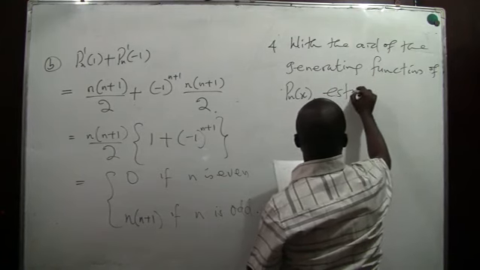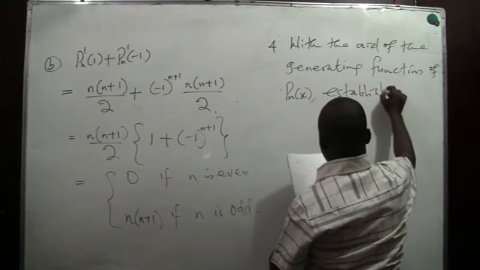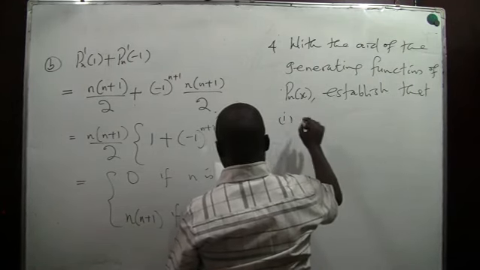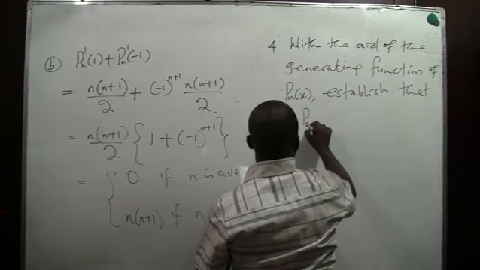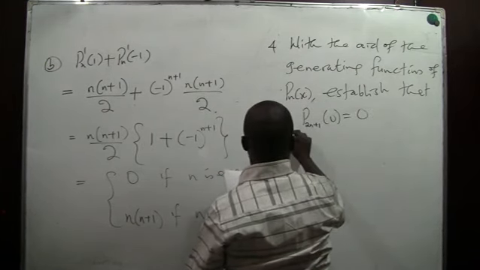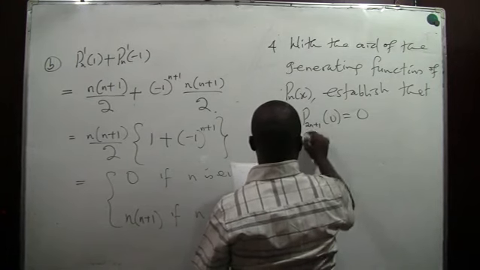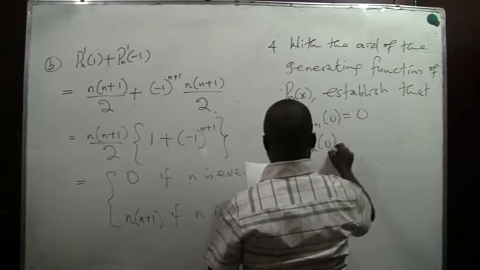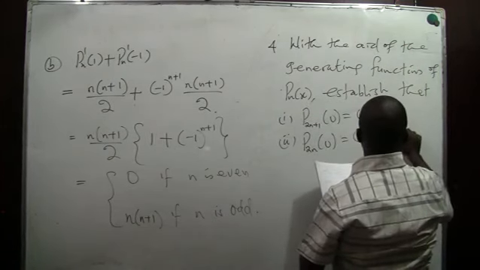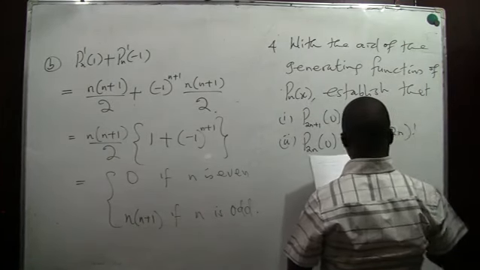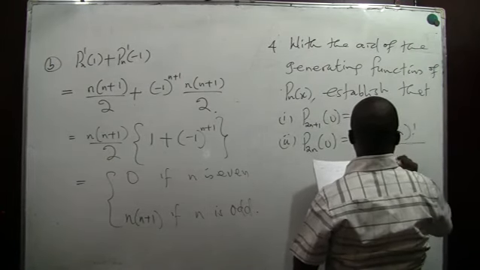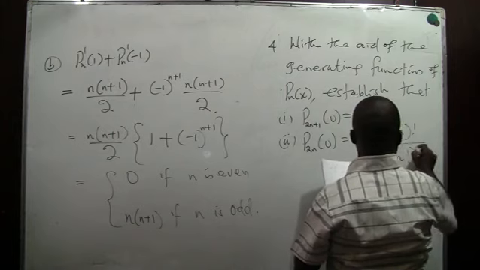Establish that Roman figure 1: P₂ₙ₊₁(0) = 0, and Roman figure 2: P₂ₙ(0) = (−1)^n (2n)!/(2^(2n) (n!)²).